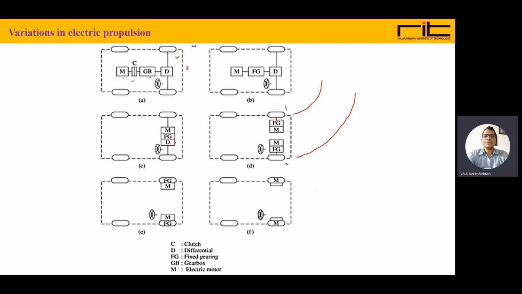The speed of the motor will be controlled and it will directly vary the speed and torque of the vehicle. So this is how the variations in propulsion can be made considering these designs.